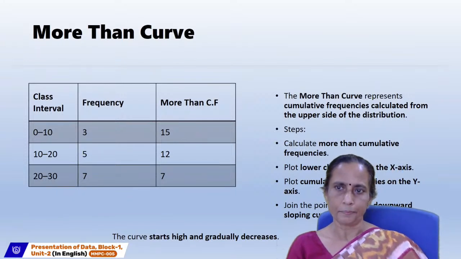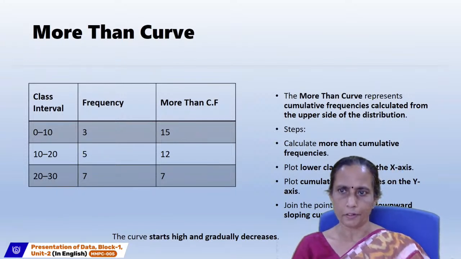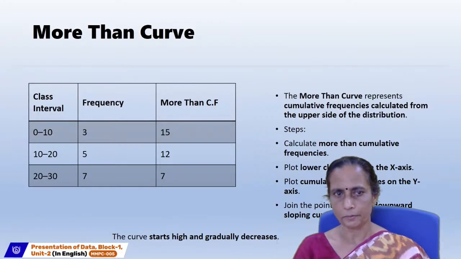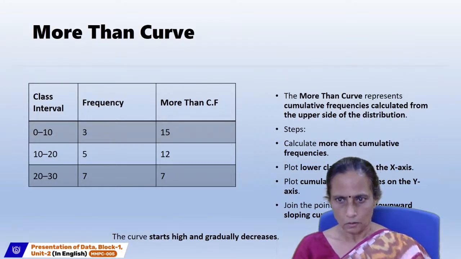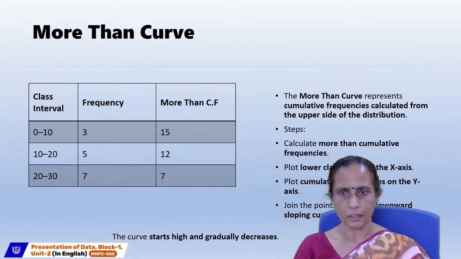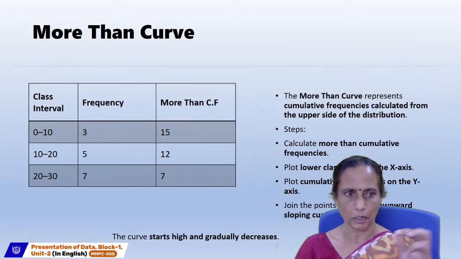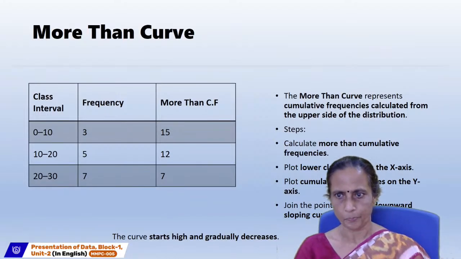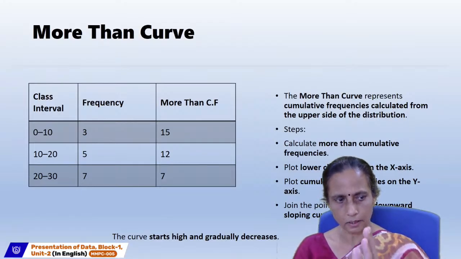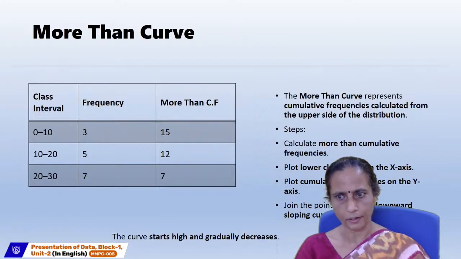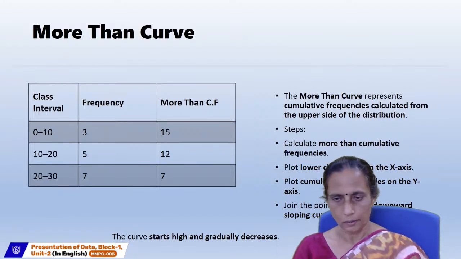Whereas the more than curve represents the cumulative frequencies calculated from the upper side of the distribution. So calculate the more than cumulative frequencies, plot the lower class limits, that is 0, 10, and 20, on the x-axis, and plot the cumulative frequencies, that is 15, 12, and 7, on the y-axis, and join the points.